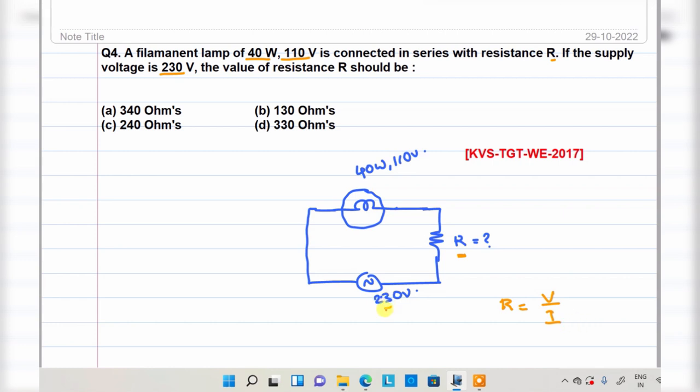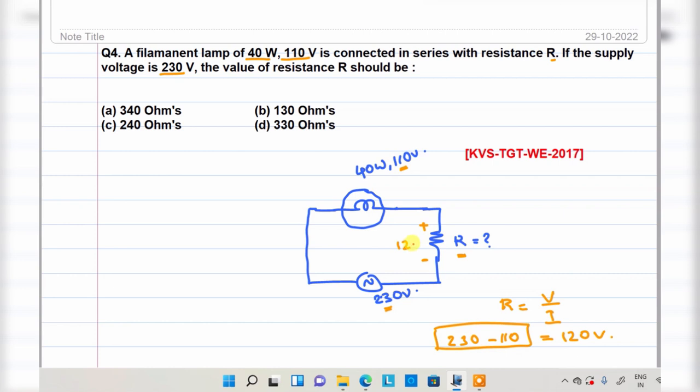See, this is 230 and this is 110. What voltage drop may you expect here? 230 minus 110, right? Then only our lamp will glow safely, because it has a 110 volt rating, but you are providing 230. The lamp may be damaged if you give 230 volts. That means some voltage drop is required. How much? So 120 volt.